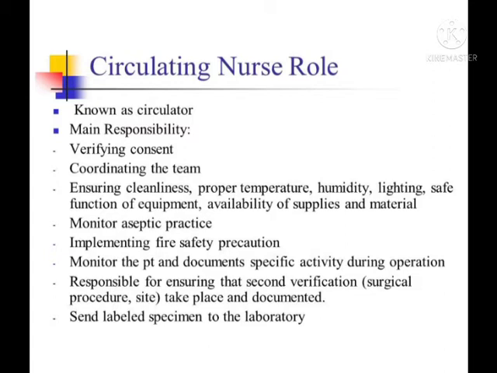The main responsibilities include verifying the consent, coordinating the team, and ensuring cleanliness, the proper temperature and humidity, the lighting, the safe functioning of equipment, and the availability of supplies and materials.